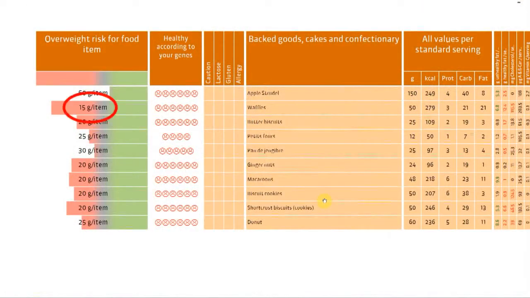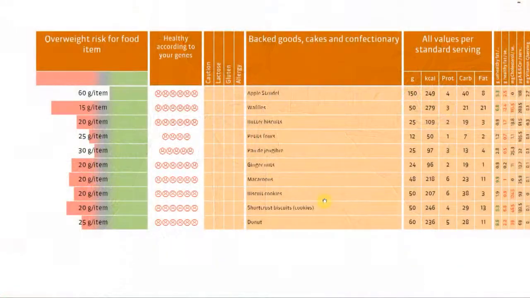The genes say one food item of waffles is 15 grams. Again, you might have ounces in your program if you use a different system. So for waffles, it's 15 grams. Not very much, due to this person being sensitive to carbohydrates and waffles being rich in carbohydrates.